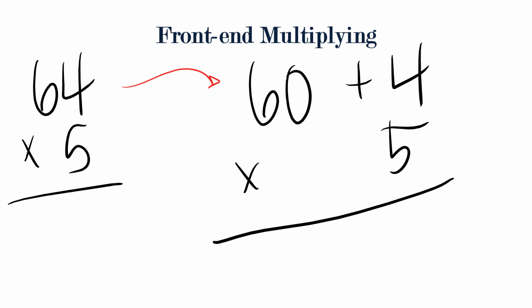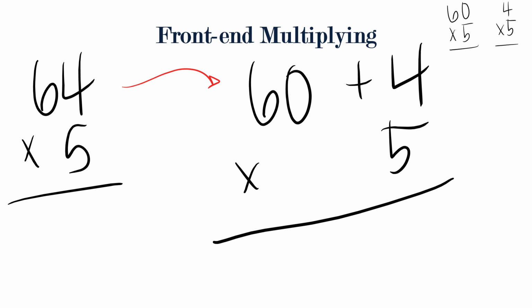Let me just show you. So if you don't like the way that this is written, I've broken 64 down into 60 plus 4. You could also just break this down into 2 separate pieces and do 60 times 5 and then 4 times 5. All right, so that is a totally acceptable way to do front-end multiplication as well.